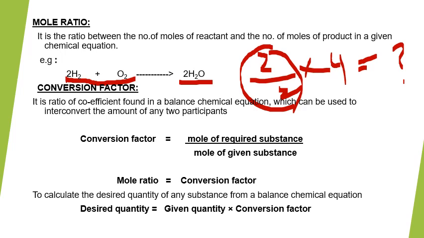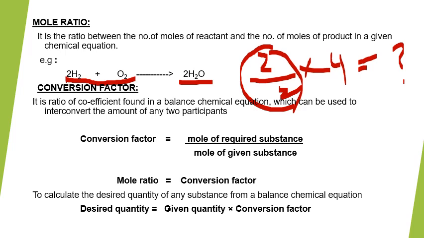This one, which I have presented here from the above equation, I will write as a conversion factor as moles of required substance. As I said, I need the moles of water. How many will be produced if I use 4 moles of hydrogen?